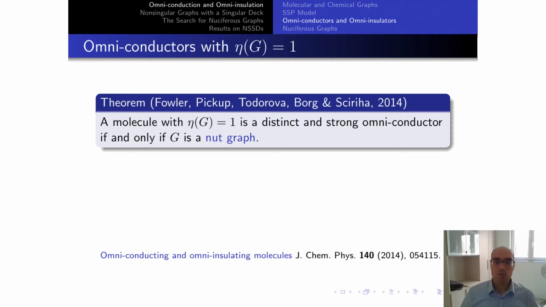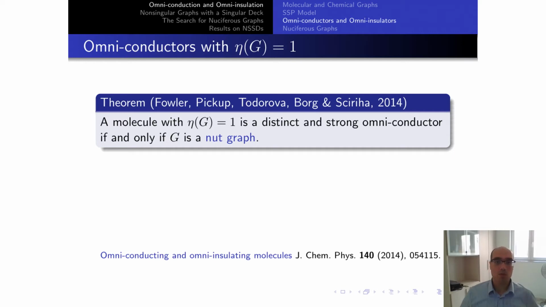Now, why did we introduce knot graphs? Because of this result. If we have a molecule with nullity 1, then it is a distinct and strong omniconductor if and only if it is a knot graph.